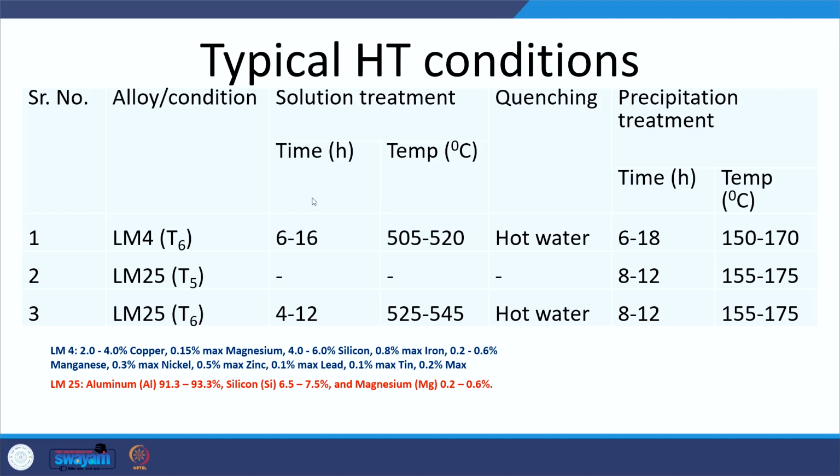This table shows the different time values for which solutionizing is to be done at the given temperatures, followed by quenching in water to realize the supersaturated solid solution. Thereafter, artificial aging is carried out at these different temperatures for different times. The typical compositions of LM25 and LM4 are given in this slide.